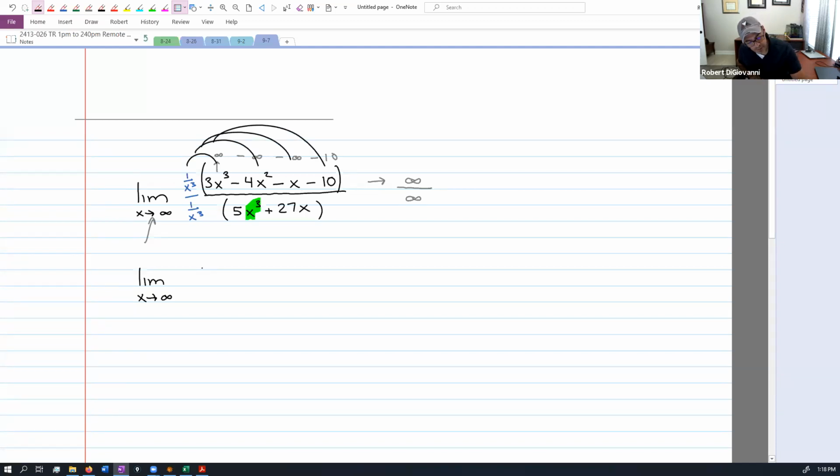We should get 3 minus 4 over x minus 1 over x squared minus 10 over x cubed. On the bottom, we should get 5 plus 27 over x squared. I'm not showing the x's that cancel and things like that. Is everyone okay with that? Any questions here?